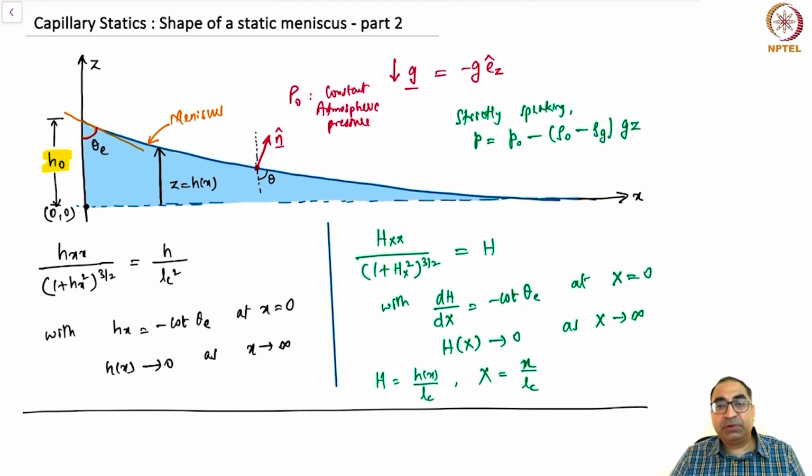For example, we want to find out how rapidly does the meniscus decay from its height h naught, and we finally want to understand why does the fluid rise at all. Can we get a simple mechanistic insight into this in terms of, let's say, force balance? So we'll try to address some of these questions in this lecture.